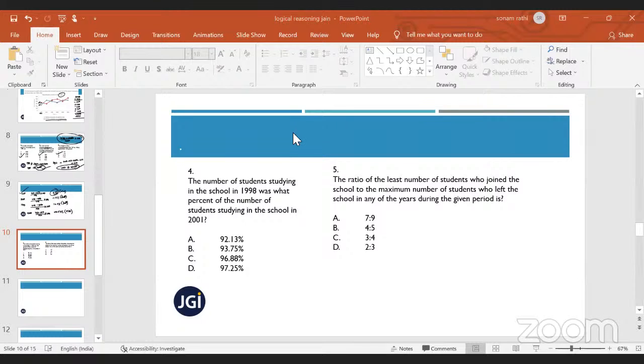Question number 4. 3000 upon 3200 into 100. In 1998, how many students? In 2000, how many students? That upon that into 100. Correct answer is option B. Not D, option B. Everyone is giving me the wrong answer.